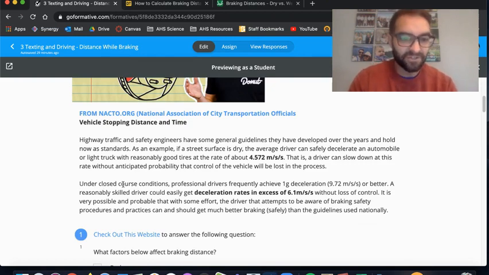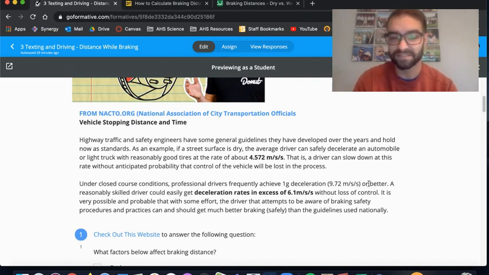Continuing, under closed course conditions, professional drivers frequently achieve what's called 1G deceleration. And 1G relates to the force of gravity. So 1G deceleration would be a deceleration of 9.72 meters per second, which is pretty impressive, or better.